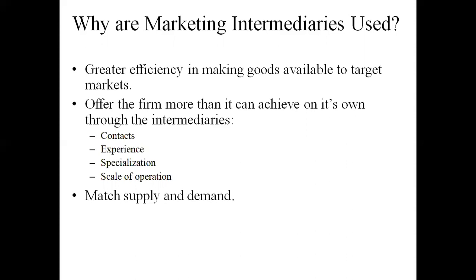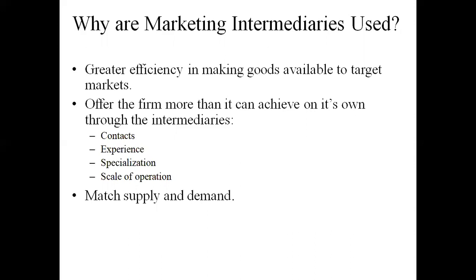What do manufacturers get from intermediaries? They get contacts, their experience, and their specialization, because they are working in different geographical areas. They understand the customers, their requirements, and their buying behavior.